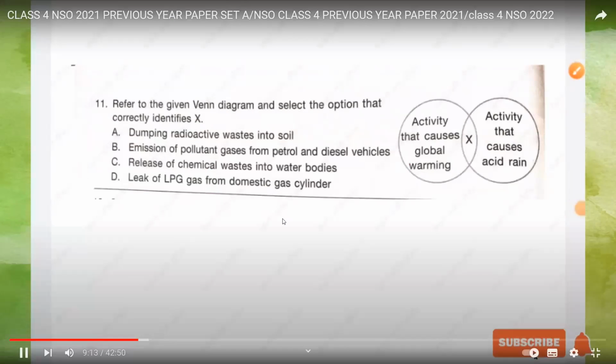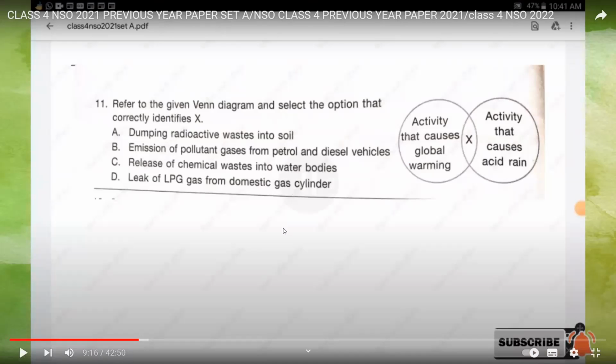Question number 11. Refer to the given Venn diagram and select the option that correctly identifies X. The activities are global warming and acid rain, with dumping waste into soil, emission of pollutant gases, petrol and diesel.